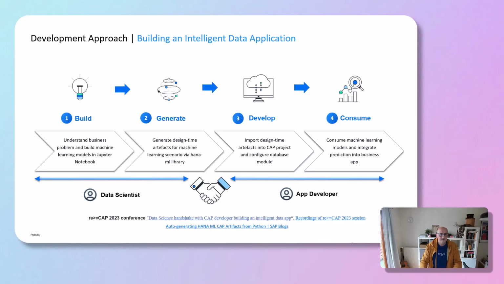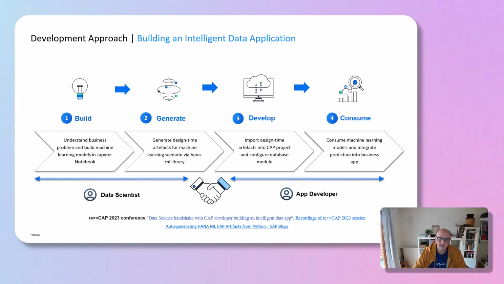And just as a refresher on the whole topic of design-time code generation for intelligent data applications, whatever you want to call your BTP application, where you leverage more of the HANA native capabilities. We had at the Recap conference last year a nice talk and demo which went into the details.